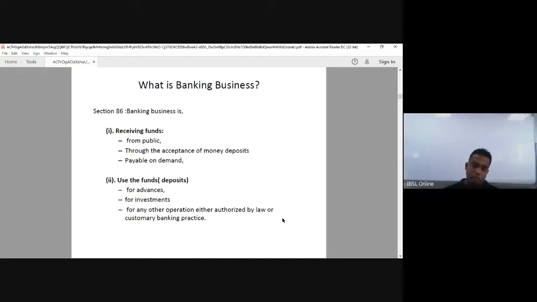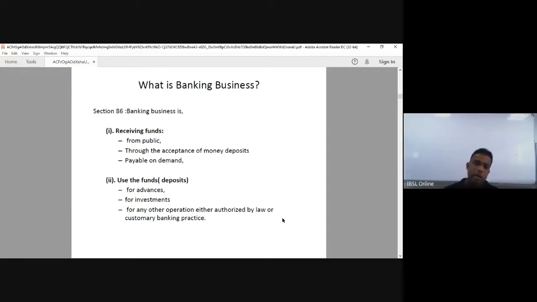We allow the customer to issue checks without sufficient funds in the account. That is called overdraft. That is a banking practice which has been recognized under the law. For the overdraft facility, you know that we charge interest. We charge interest on interest also. That has also been accepted in a court of law.